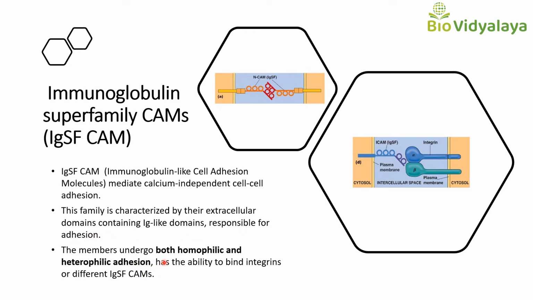The members undergo both homophilic and heterophilic adhesion, with the ability to bind integrin or different IgSF CAMs. Here you can see this IgSF CAM is interacting with integrin. So this is called heterophilic adhesion. Here an IgSF CAM is interacting with another IgSF CAM, so it is called homophilic adhesion. So the members undergo both homophilic and heterophilic adhesion.